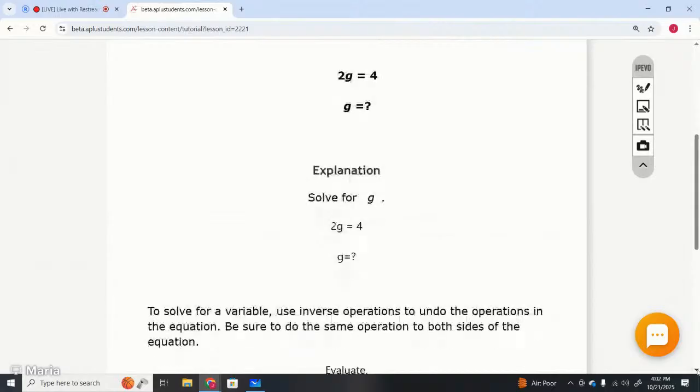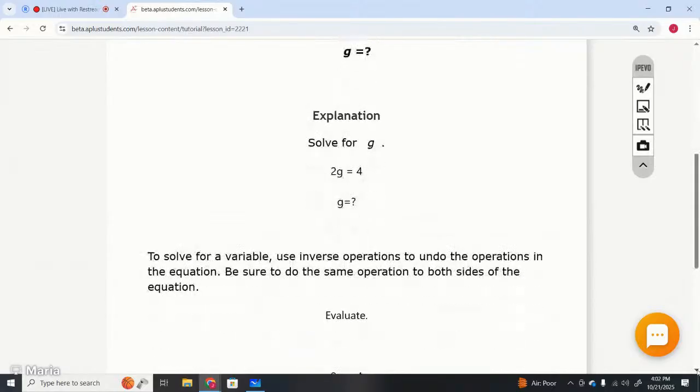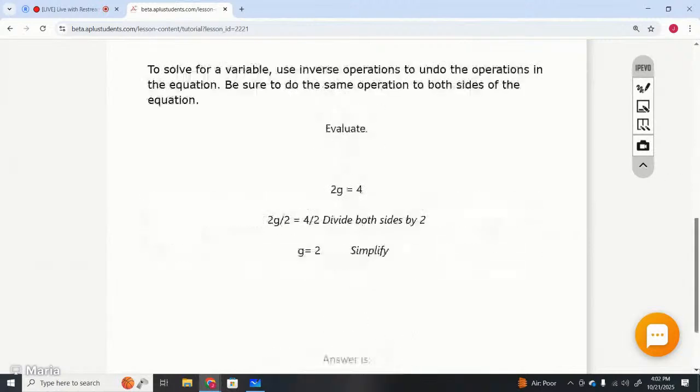We need to calculate the value of the variable g. So basically we need to undo the operations. 2g, 2 is multiplying to g. So opposite to multiplication is division. You need to divide both sides by 2.